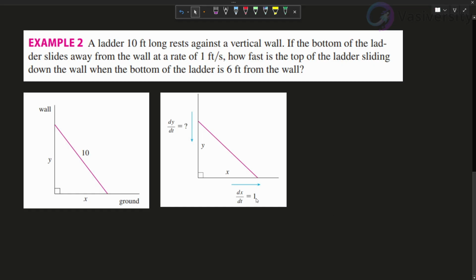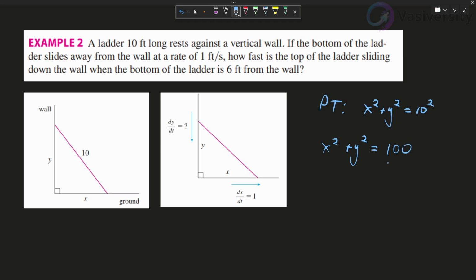We have a right angle, so what equation relates the sides of the right triangle and the hypotenuse? The Pythagorean theorem, or PT. The Pythagorean theorem states that x squared plus y squared is equal to 10 squared, or in other words, x squared plus y squared is equal to 100.